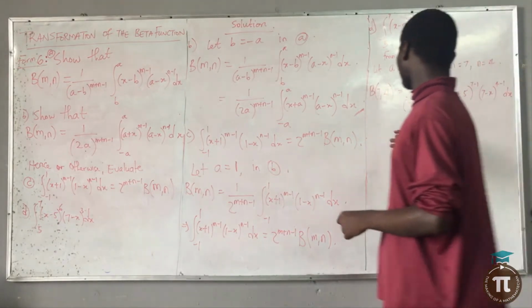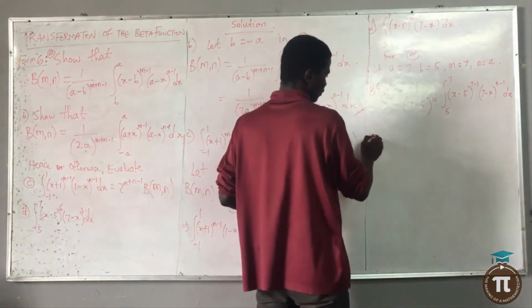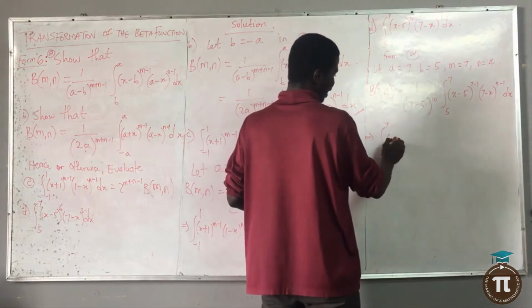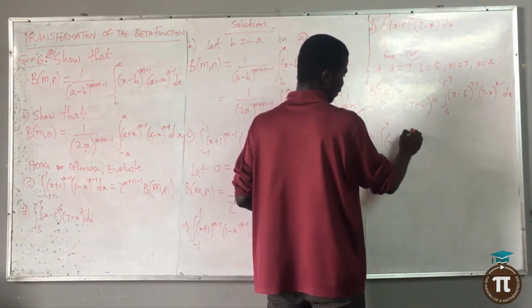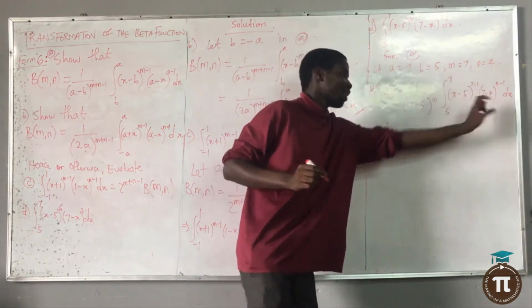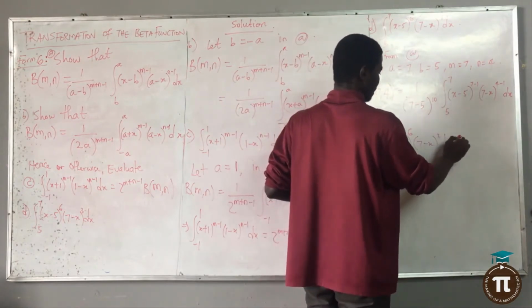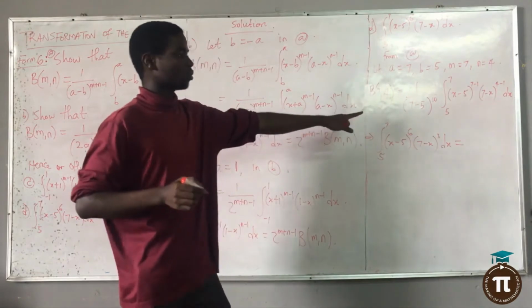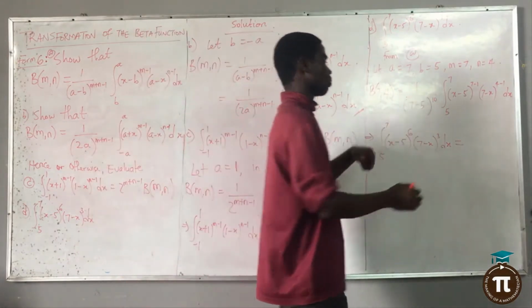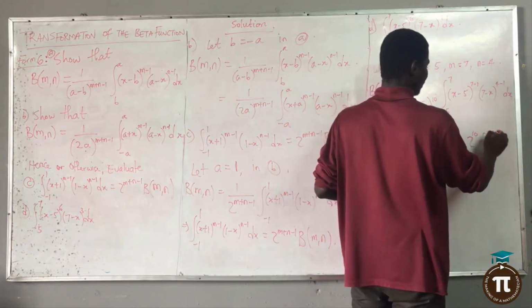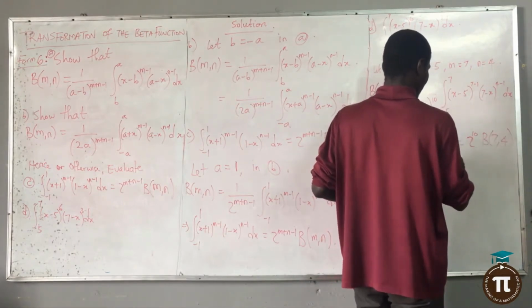At the end of the day, you will see that the integral from 5 to 7 of (x-5)^6 (7-x)^3 dx will be equal to (7-5), that is 2 raised to power 10, beta of 7 comma 4.